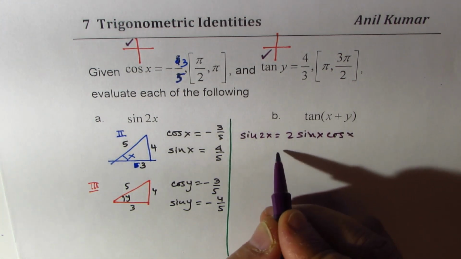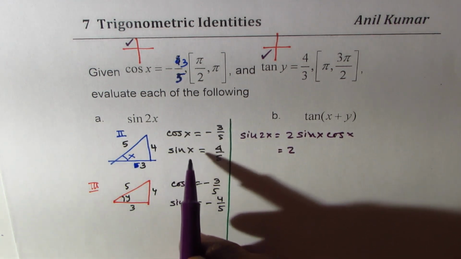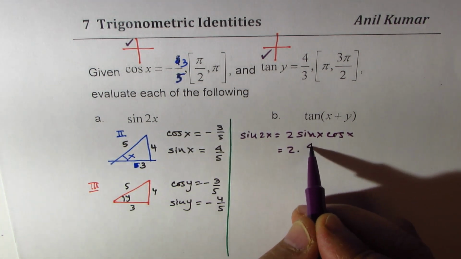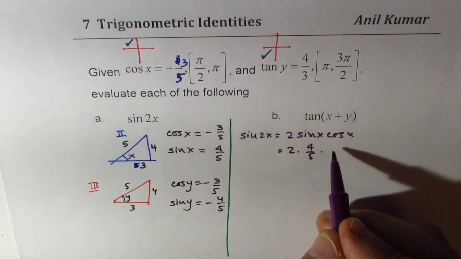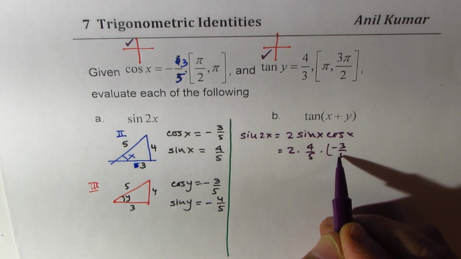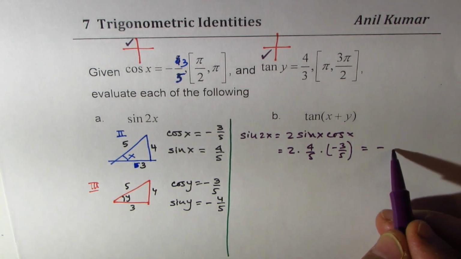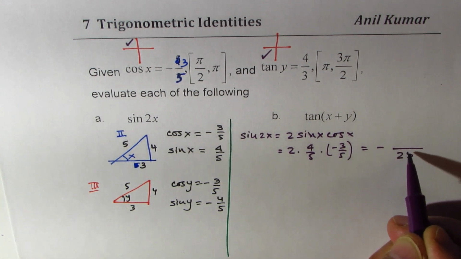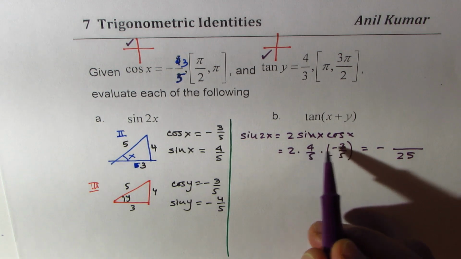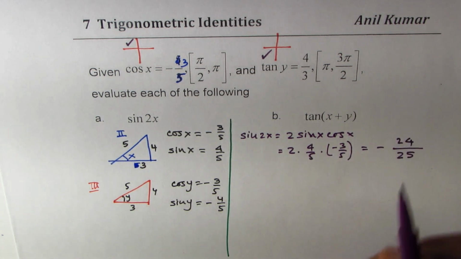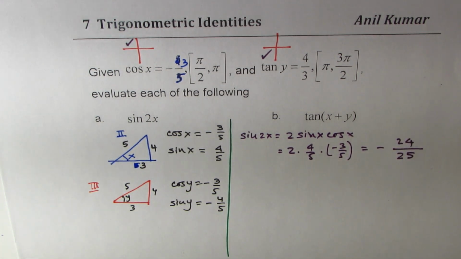So that gives you the value of 2 times sine x is 4 over 5 and cos x is negative 3 over 5. Correct? So we get a negative value. Denominator is 25 and the numerator is 8 times 3, 24. Correct? So we get one value.